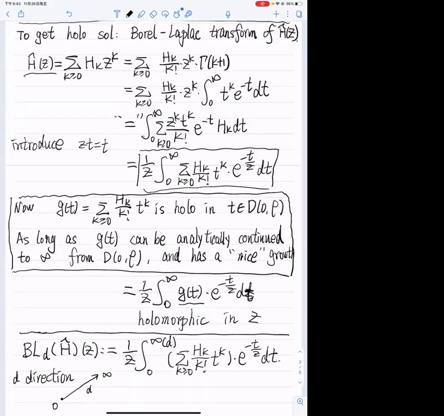This is the definition of the Borel-Laplace transform along a direction D for a formal power series.